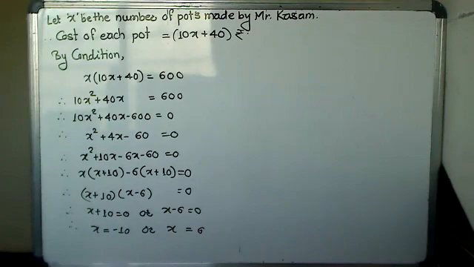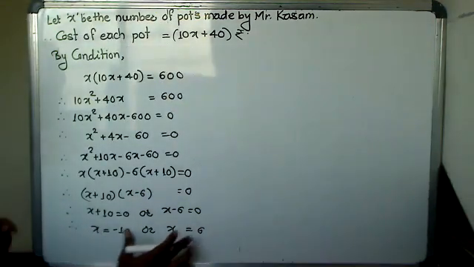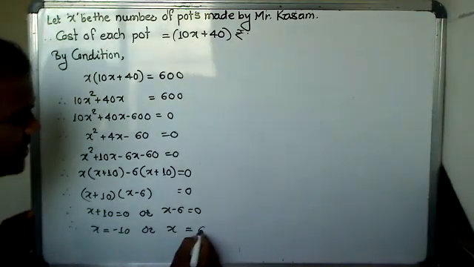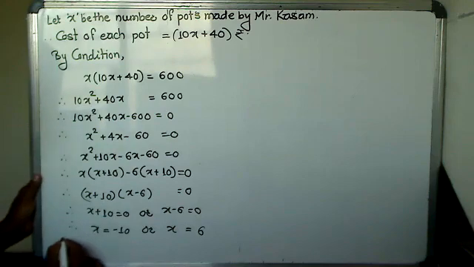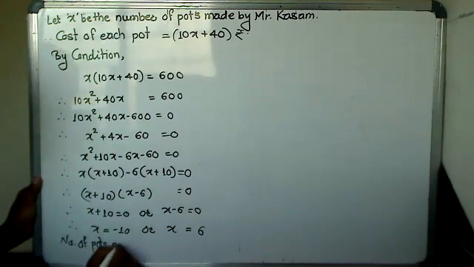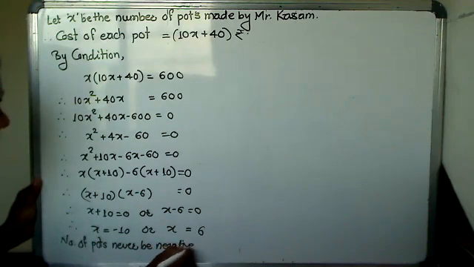So what is x here? X is the number of pots. In any condition, can the number of pots be negative? No. Number of pots can never be negative.